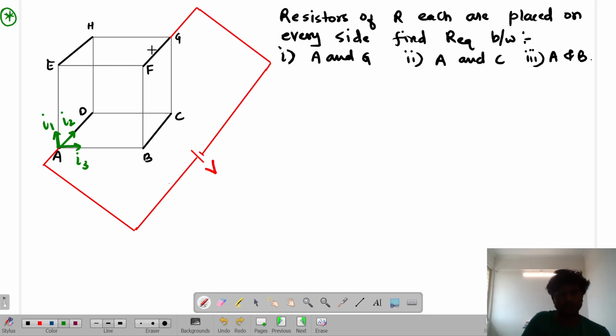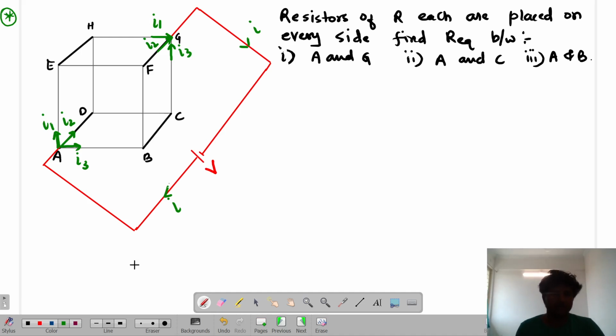I1, I2, and I3, because according to KVL, net current across the battery is how much? I only. Is that clear or not? So this is called the KVL method, which we were discussing. But this is not a proper use of KVL, just a simple method.